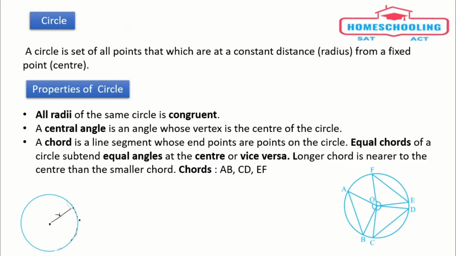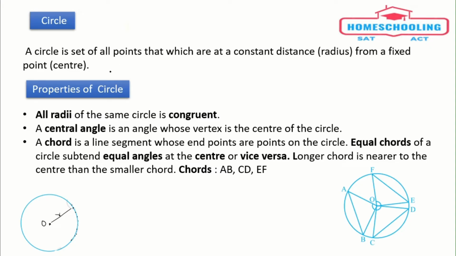If you put a lot of points like this, it will form a circle. So a circle is a set of all points which are at constant distance, that is the distance of the radius, from a fixed point, that is your center O.